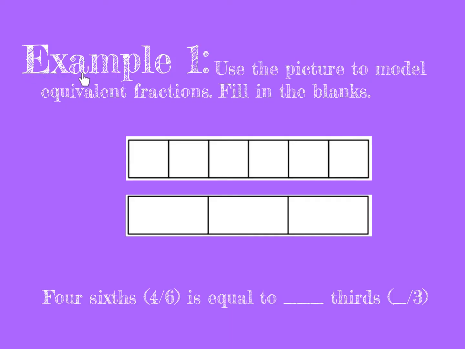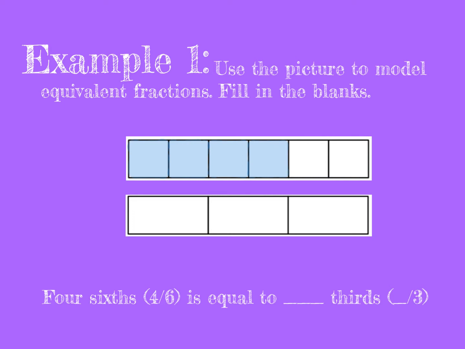Our first example tells us to use the picture to model equivalent fractions and fill in the blanks. They want us to find what's equivalent to 4/6. So we're going to take the top that's split into 6 and count out 4 equal parts and shade them in. 1, 2, 3, 4.